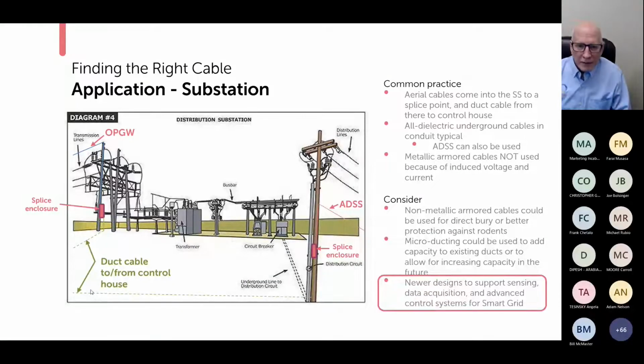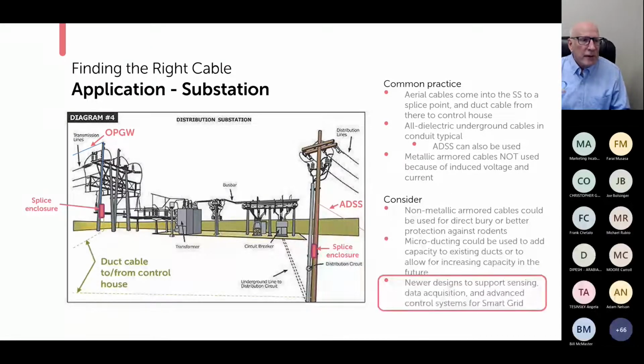You obviously have to plan accordingly. Your conduit size has to support it, but I'm just telling you, you don't have to go and buy a separate type of cable to use within the substation if you don't want to. The general rule is wherever you use underground cable, you can use ADSS, but the reverse is not true.